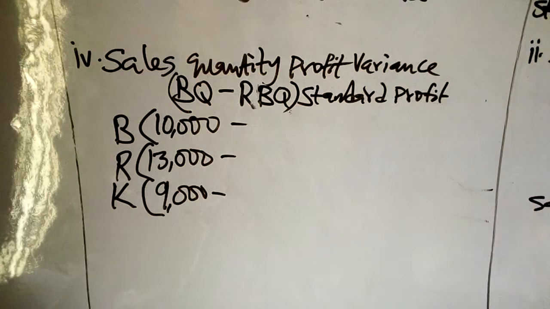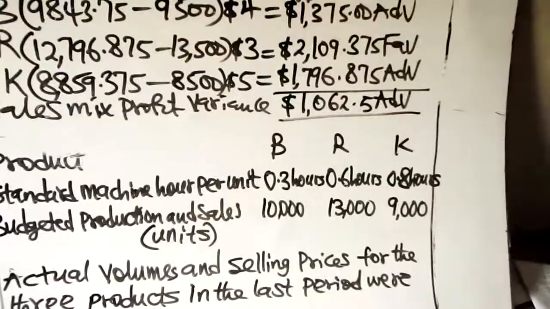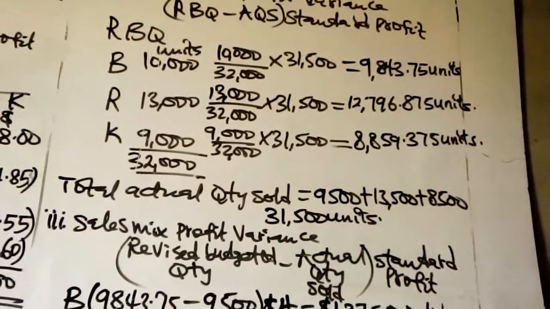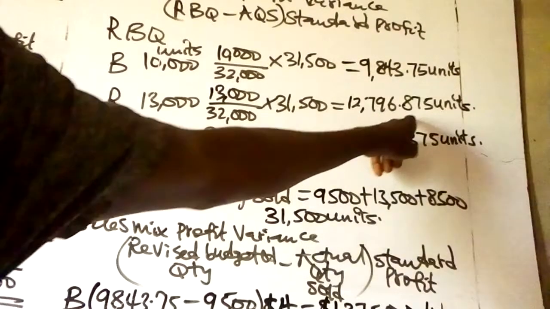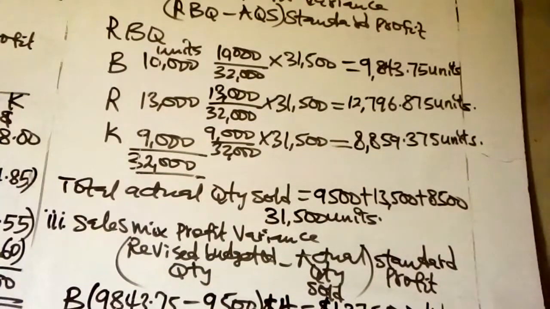Minus revised budgeted quantity. Our revised budgeted quantity has been calculated, and we got 9,843.75, 12,796.875, and 8,859.375.